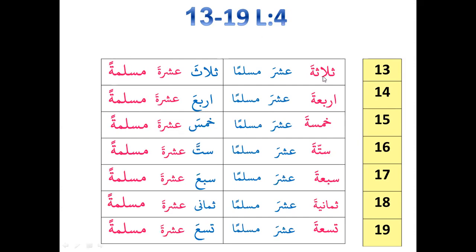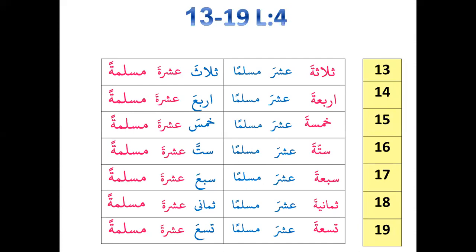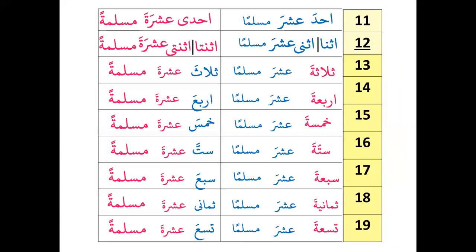But the only issue we are having is between the ones over here. The 3, 4, 5, 6, 7, 8, 9, 10. Only the ones are having a mismatch, we'll see this in the grid. So again, it's a match or a mismatch? Mismatch. Let's put all 11 to 12 together.